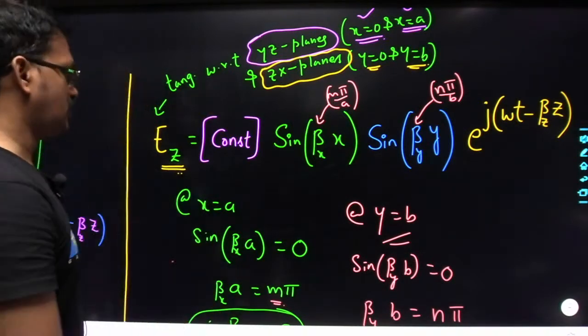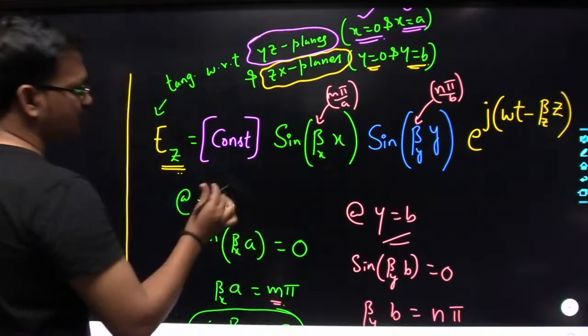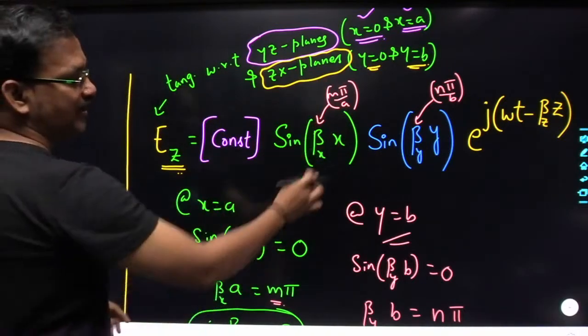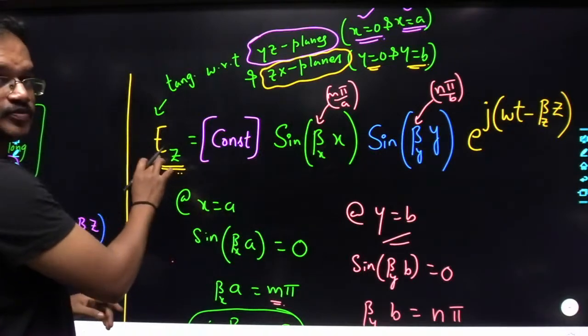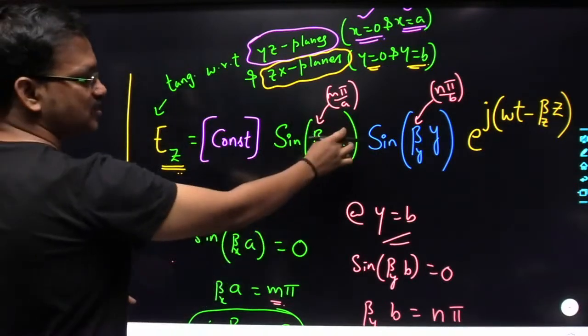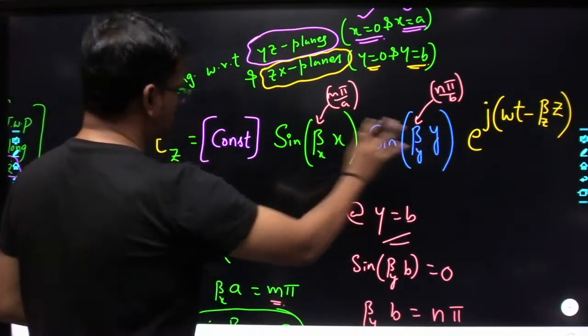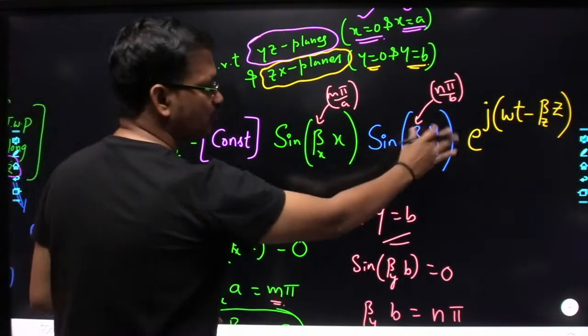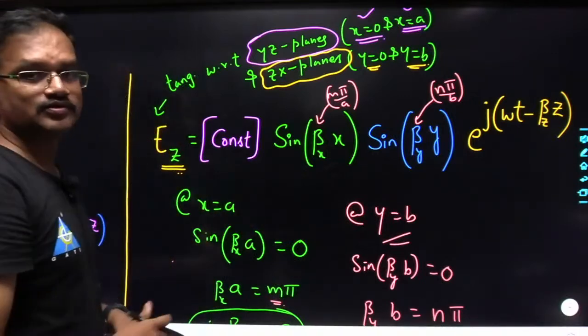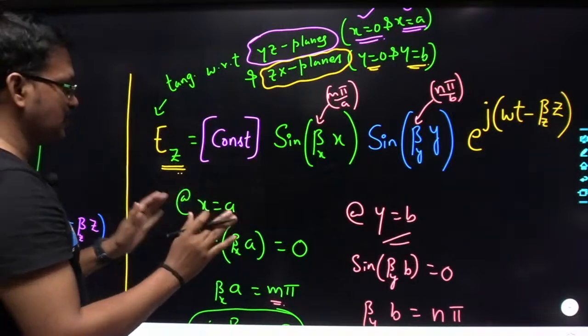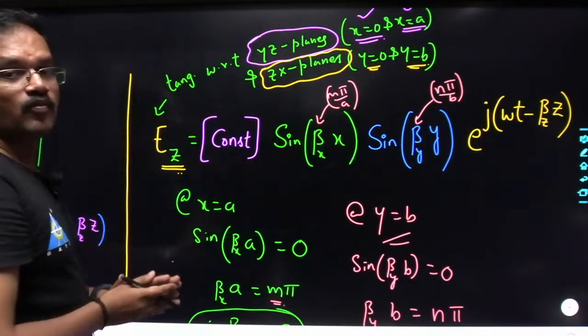Now if you want, you can check here, beta x is m pi by a. At x equal to 0, this has to become 0. At x equal to a also, it is going to become 0. Next, at y equal to 0 also, it will become 0. At y equal to b also, this function will become 0. So at each and every perfect conducting interface, it is satisfying the boundary conditions.